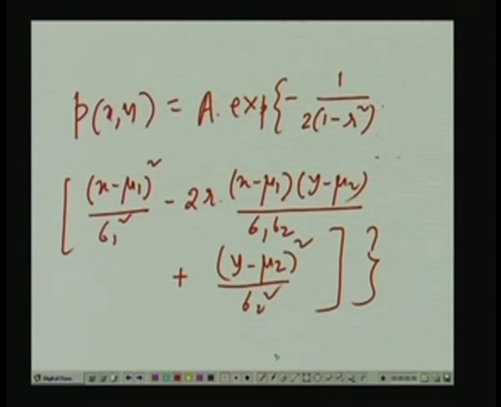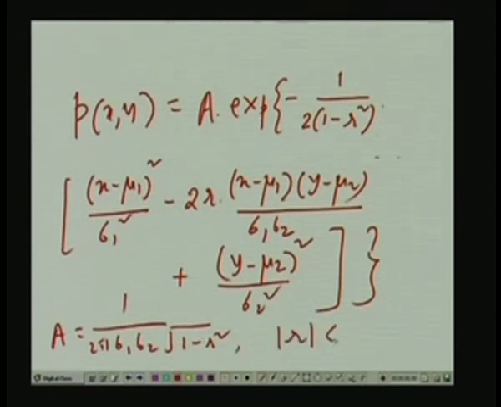That will be satisfied provided A should be equal to this, and r should be such a quantity whose mod value is less than 1. In that case, if you integrate it over this entire xy plane, this will be equal to 1 and this will always be non-negative. So, this is just a condition. This will be jointly Gaussian.